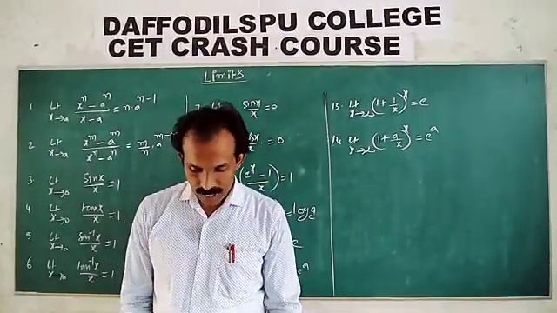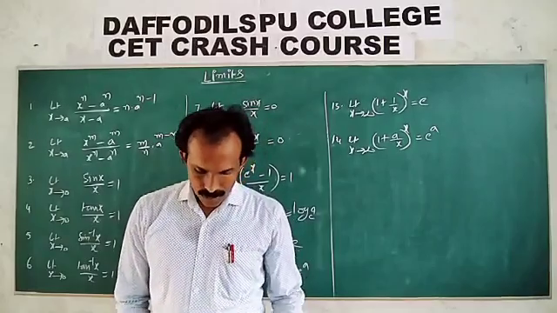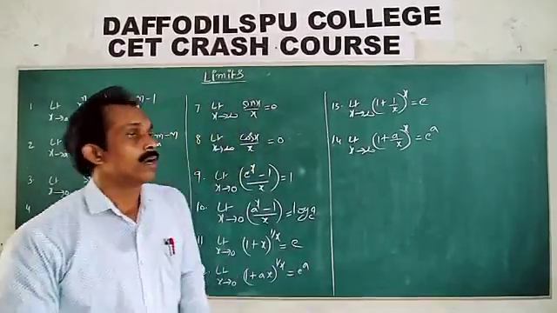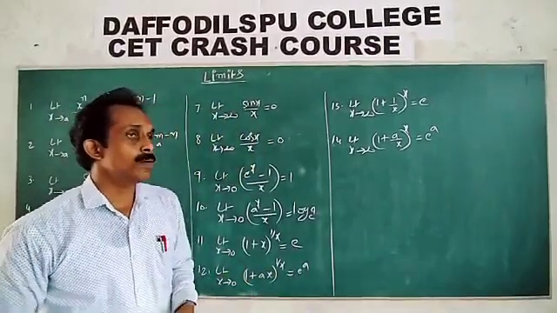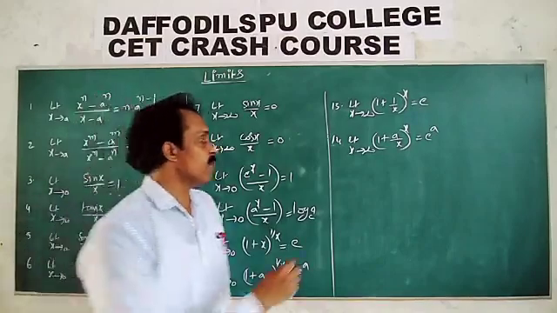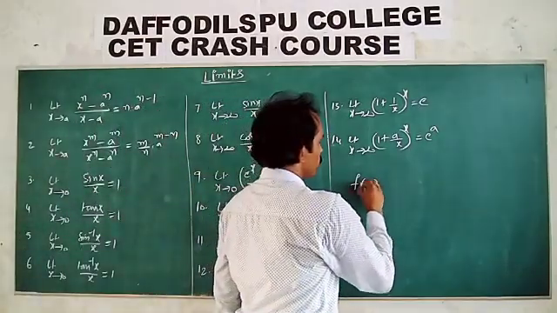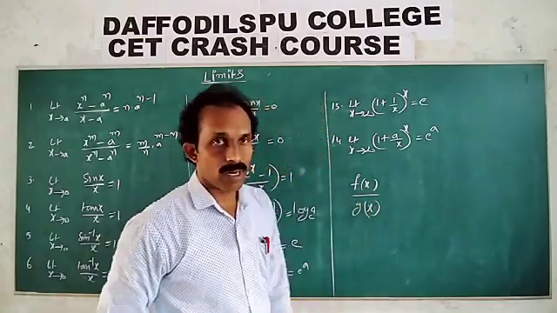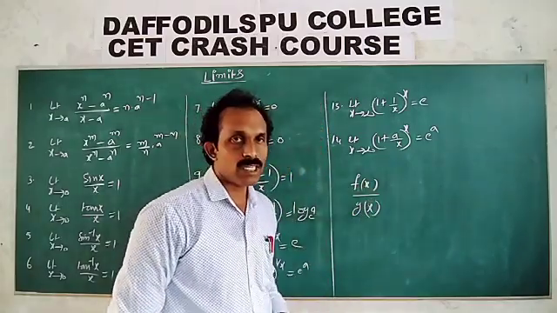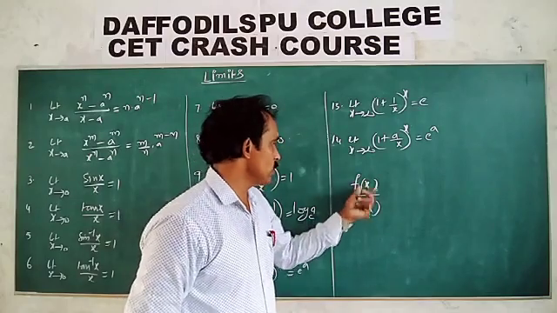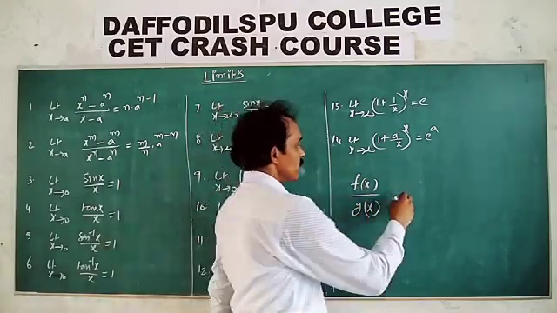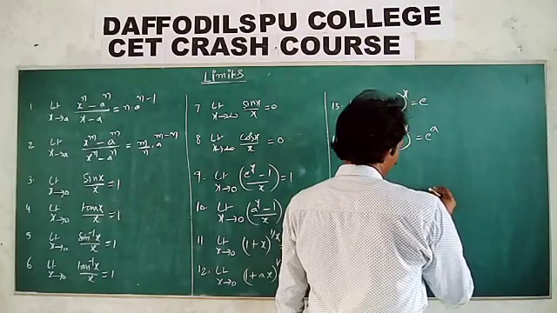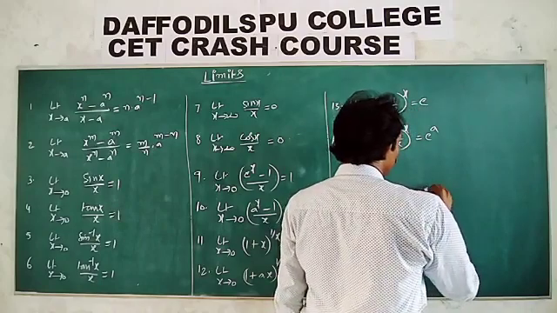Okay, limits chapter. Suppose f of x by g of x, a problem like this one, g of x not equal to 0. Sometimes this is an indeterminate form.